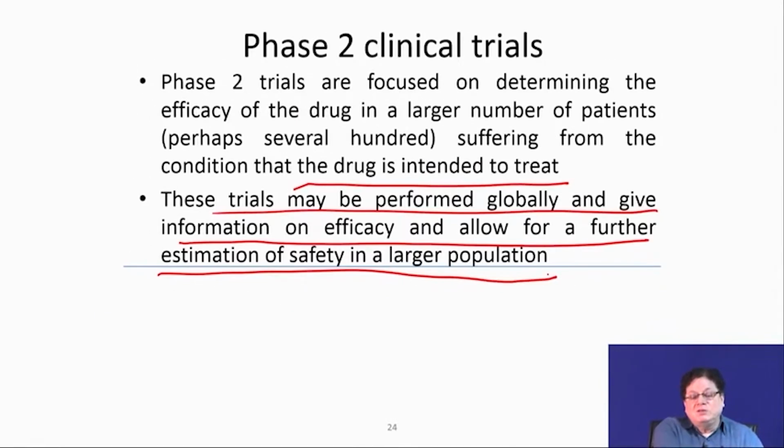Efficacy is tested on patients, but in a limited way, not thousands of patients, and then you try to find out the minimum amount required to get the efficacy, the dose that is required to cure the disease.